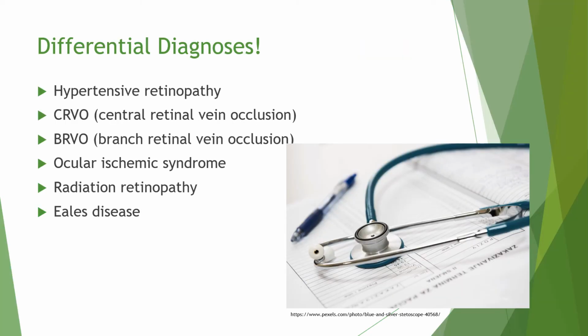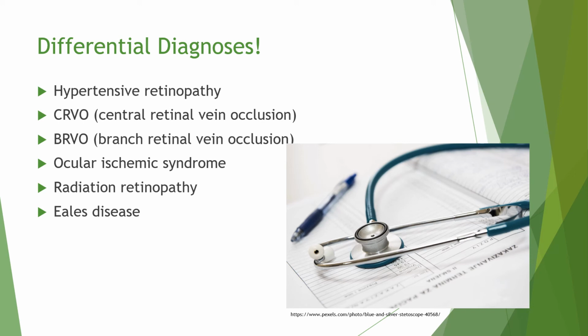Similar presentation can indeed arise with different diseases. Hypertension can arise from diabetes, so hypertensive retinopathy has similar shapes of hemorrhages, such as flame-shaped hemorrhages. CRVO and BRVO can also present with microaneurysms and macular edema, and in rare cases, neovascularization.